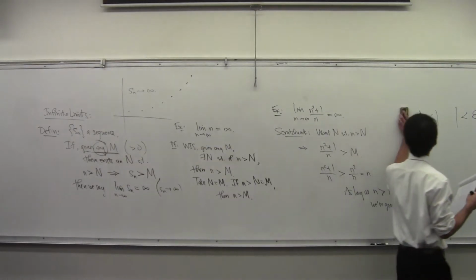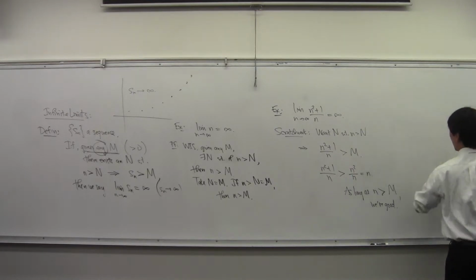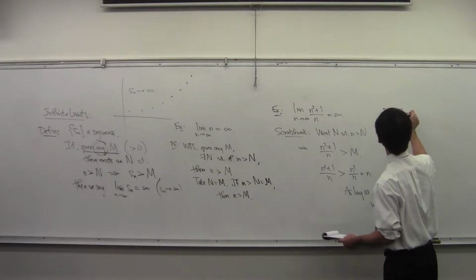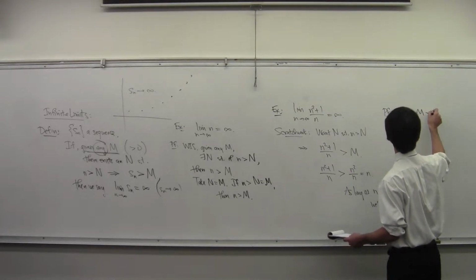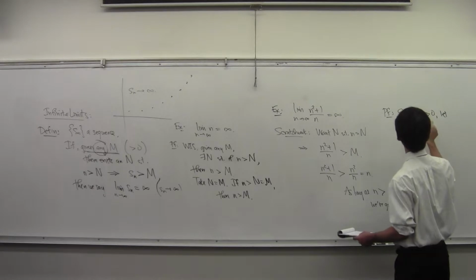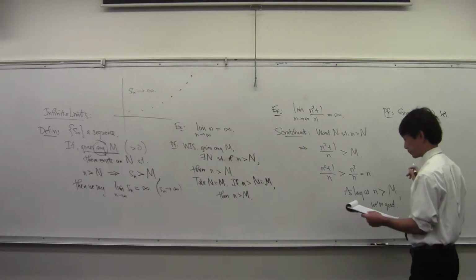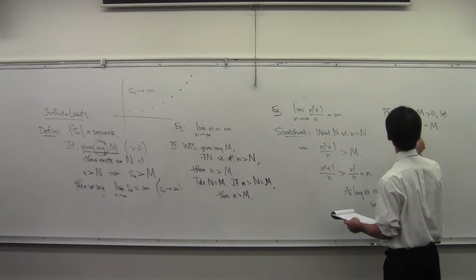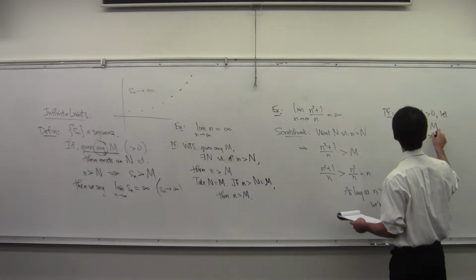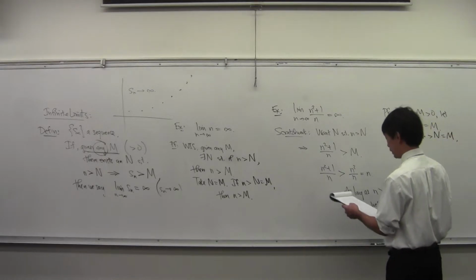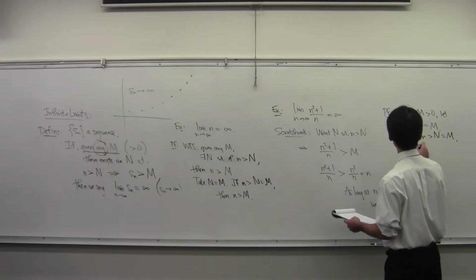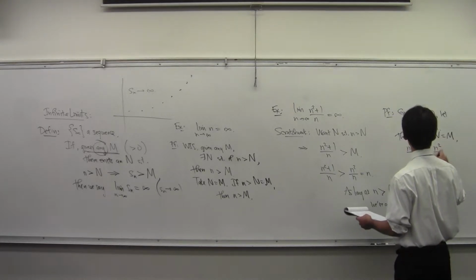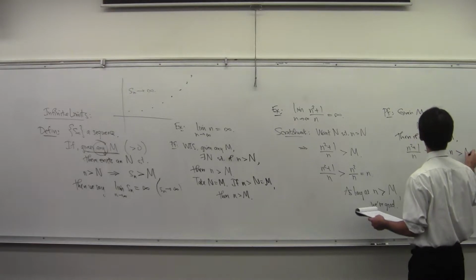Okay, so that's our scratch work, right? And then, as usual, you write it up. You'd say, okay, proof: given m, let N just be equal to m. Then, if n exceeds N, which is m, we see that (n squared plus 1) over n is bigger than n squared over n, which equals n, which exceeds m.